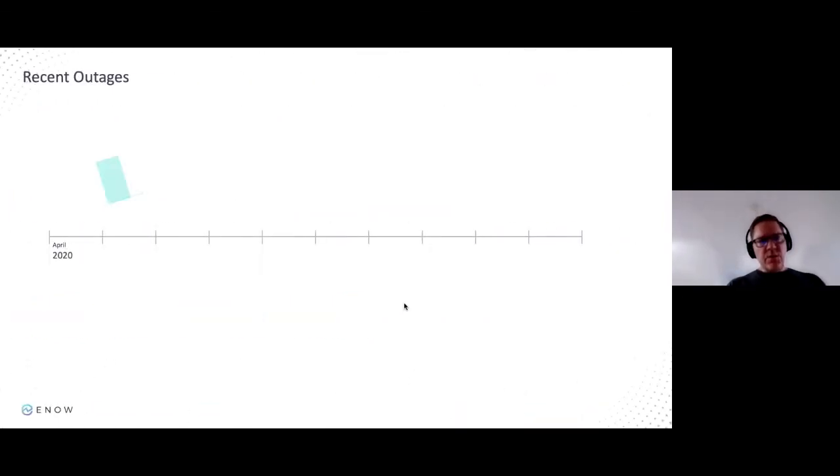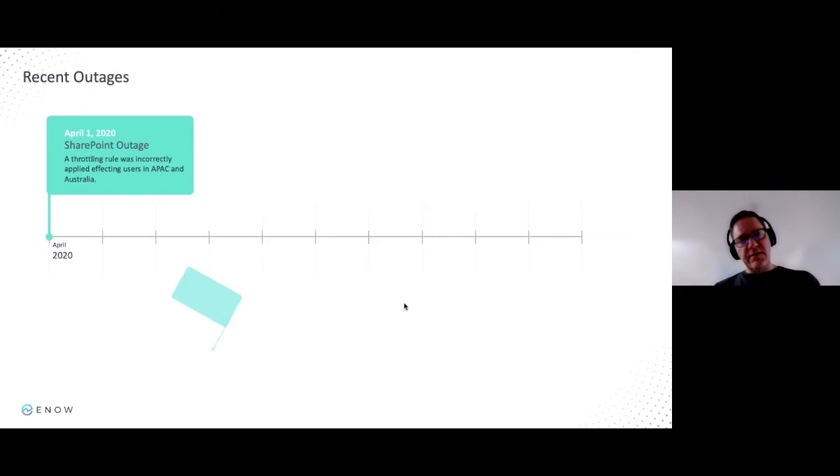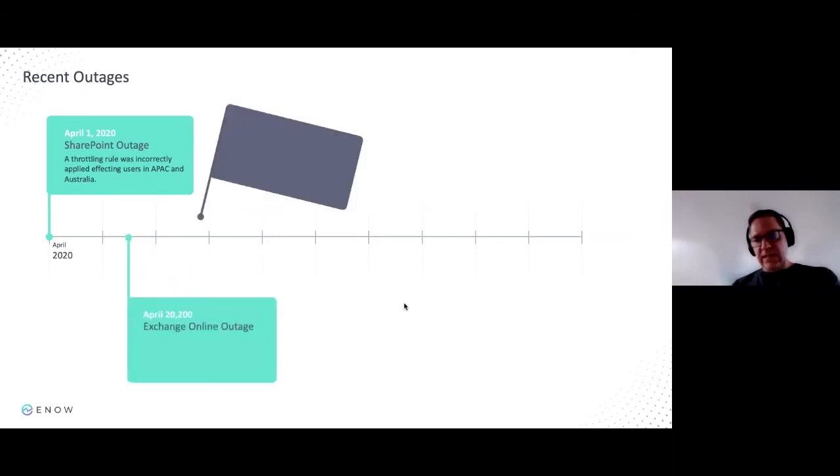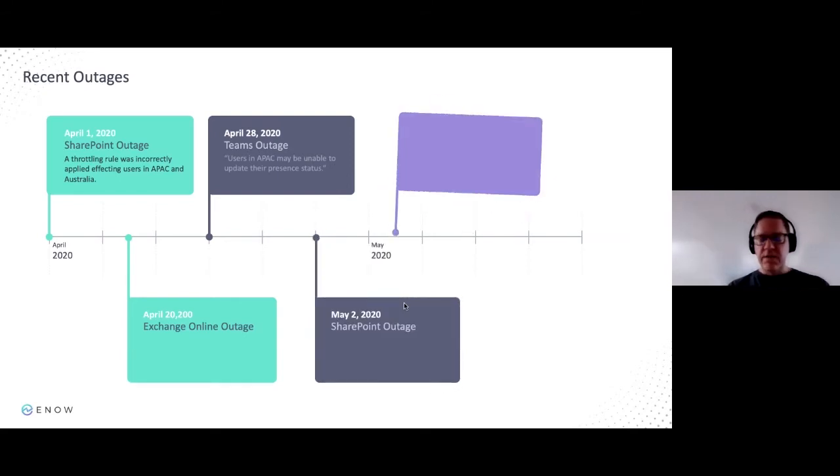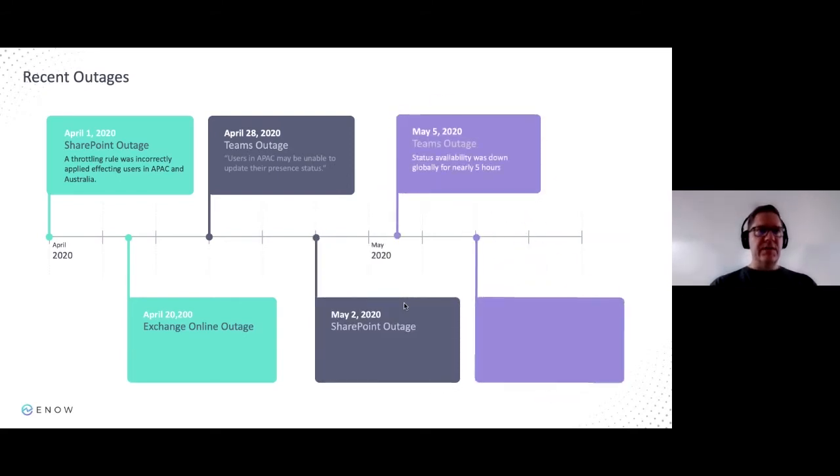So when we look at recent outages, we can see that Microsoft runs a very, very good platform and service. But with the recent rise in Teams usage, and people working from home and organizations embracing the service, we have seen a couple of outages recently, especially around Teams. There was one just last week where I was impacted by not being able to see free/busy information.